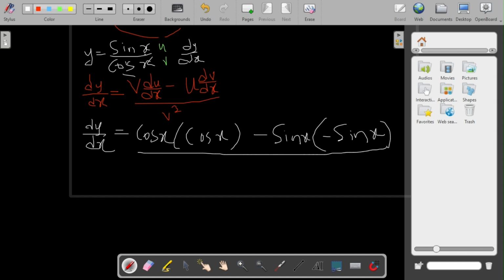V squared. So we are going to locate what v squared is exactly. V is cos x, so v squared will be cos squared x.